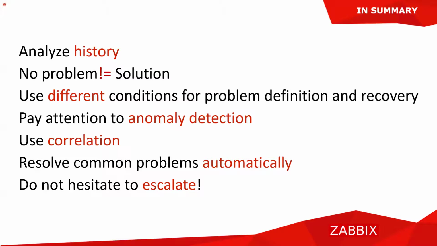Use different conditions for problem definition and recovery. Why? Because that makes the reaction more precise and closer to what you would expect from a problem recovery. Pay attention to anomaly detection, since it might save you from some devices stopping work when you least expect it, since with anomaly detection you will notice when something starts to under or overperform.